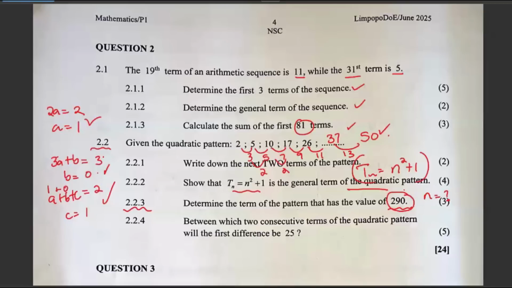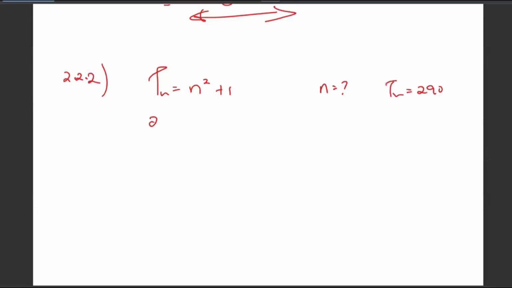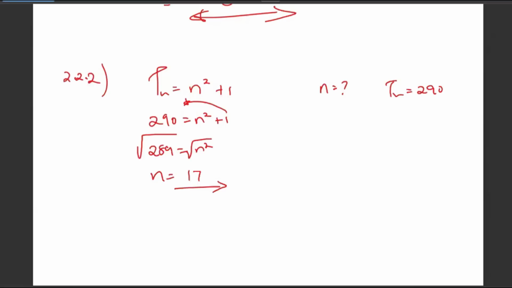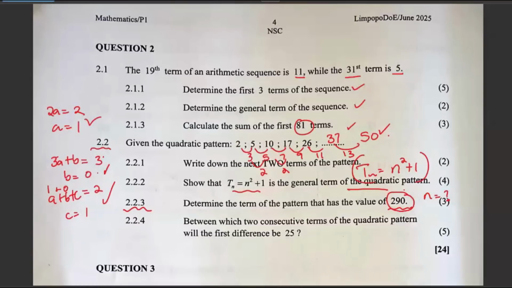Is that correct? Yes. Okay, so 290 is equal to n squared plus 1. Let's move the 1 that side. We have 289 is equal to n squared. Let's find the square root. So n must be 17, because that's the square root of that. Okay, so the 17th term is what the question wanted.